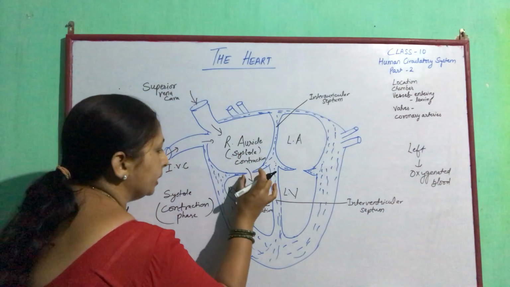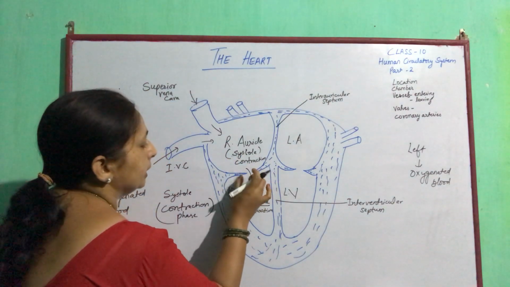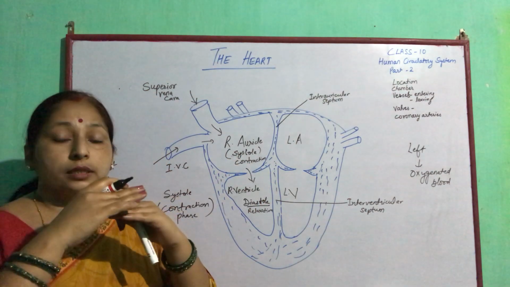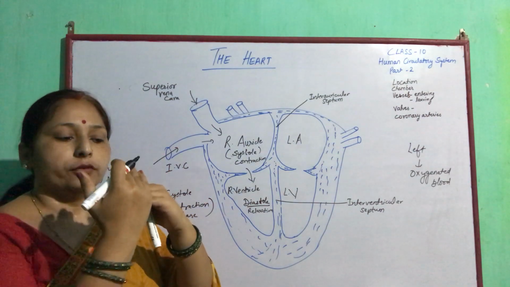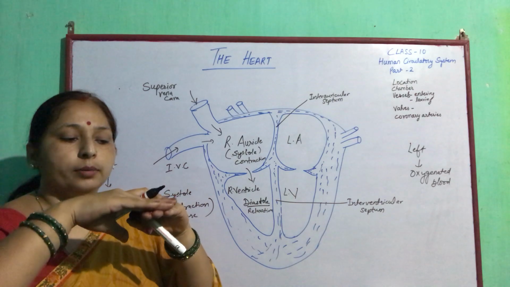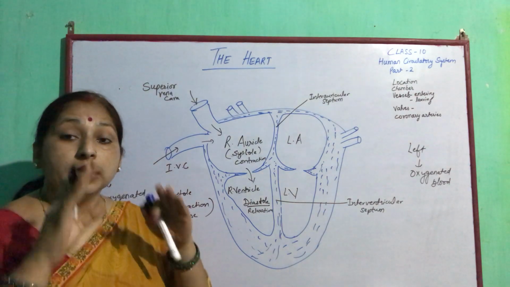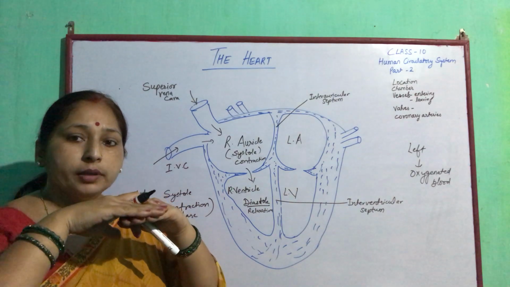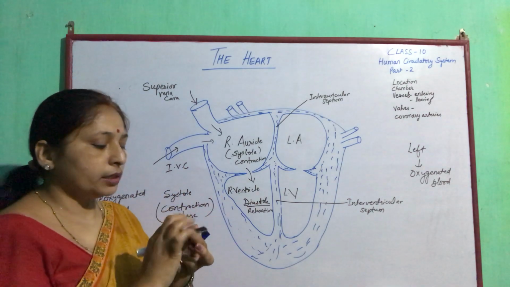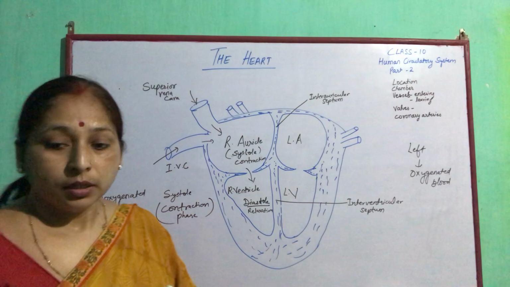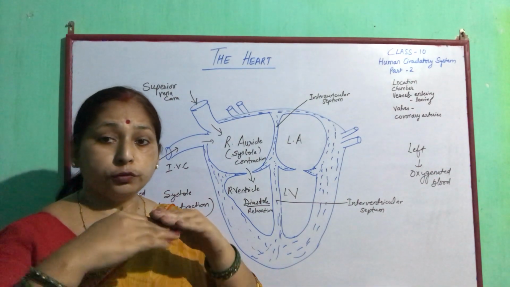During this, the blood passes through a valve. This valve contains three flaps: one from this side, one above this, and the third from this side. Three flaps, one above the other. I am showing only two flaps.